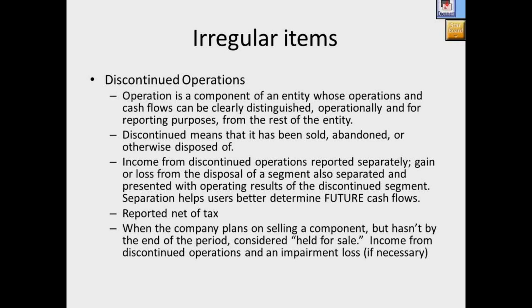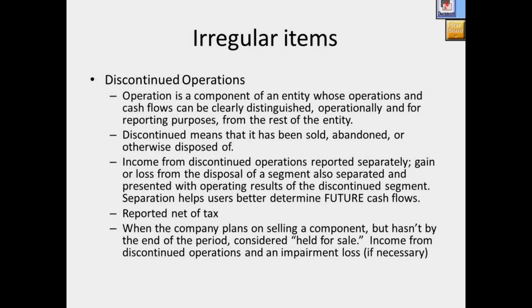But here comes the irregular stuff. Let's say you've got multiple operations within a firm, and you can separately distinguish the two components. So they're not completely integrated. It's not like I'm using this machine to create my primary product, and then I sell one of the machines.